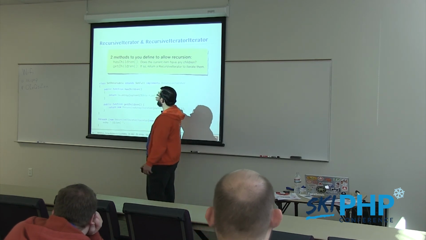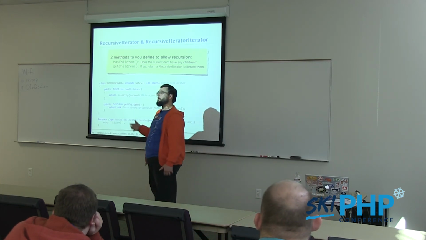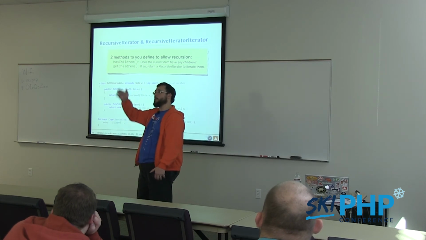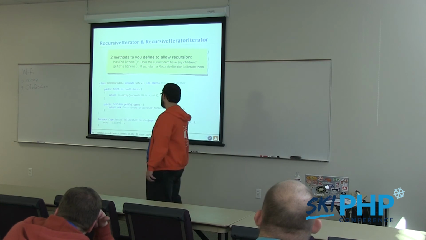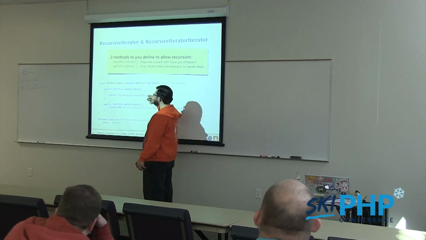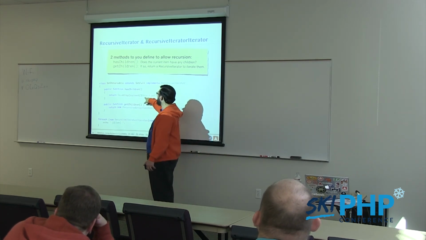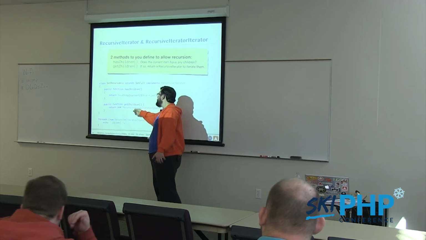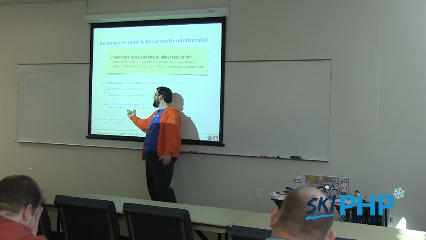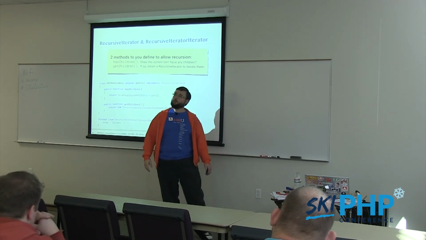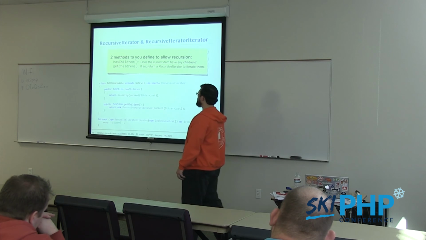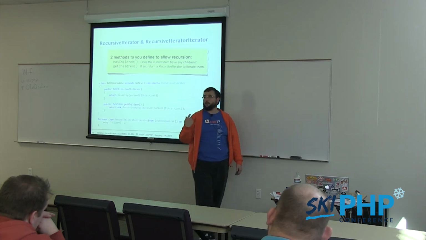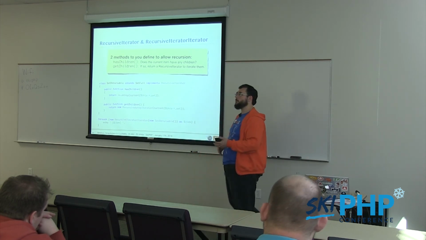So in this case, let's say that our set happened to be an array again, maybe there were subarrays at certain points, and we wanted to be able to dive all the way through. This is how you would do that. In implementing hasChildren, if the current item of the set is an array, there are children. And then you need to pull these children out. There happens to already be an iterator defined called a recursive array iterator, so you can declare a new recursive array iterator and pass it that inner array, and the whole process will continue.